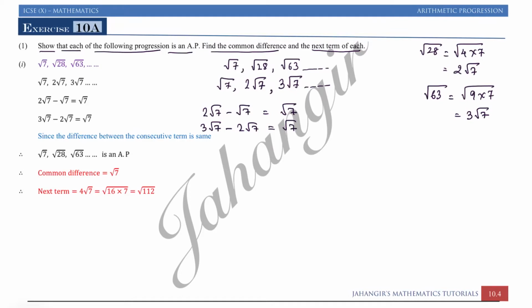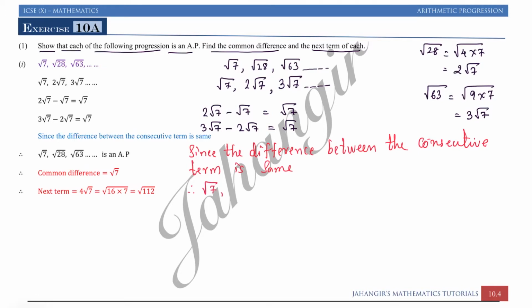So since the difference between the consecutive term is same, we can say therefore root 7 comma root 28 comma root 63 is an AP.